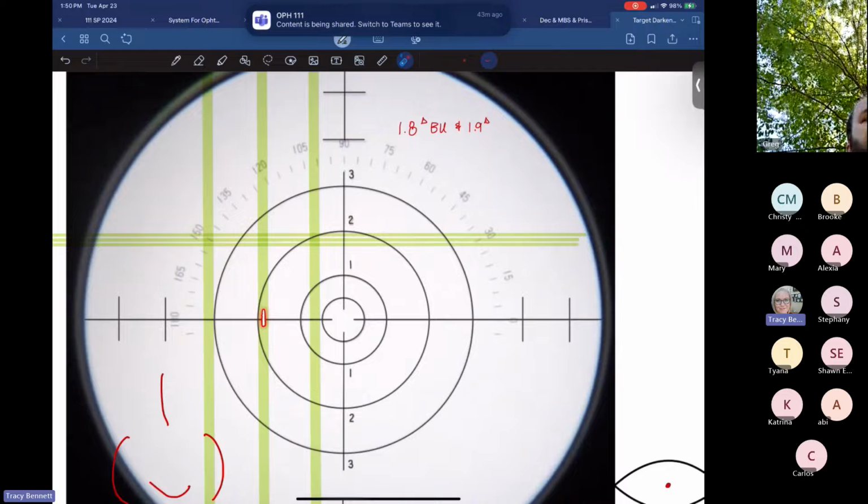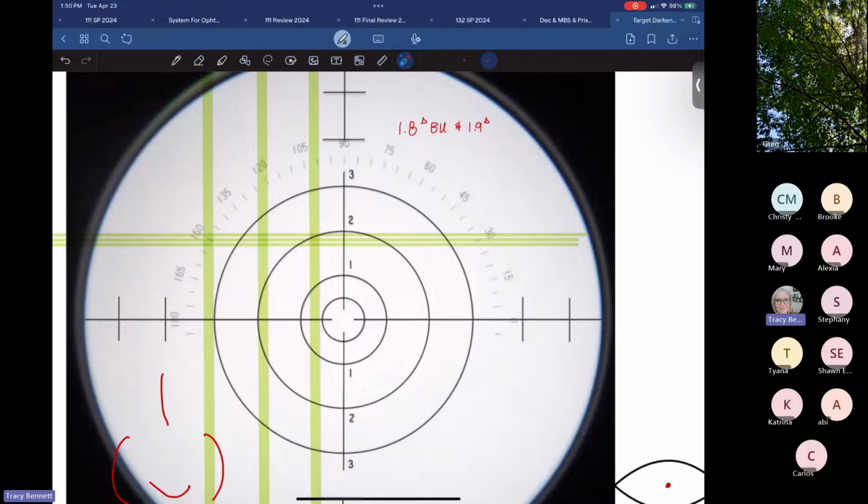You really want to go with where the very center of this sphere line or cylinder line is. We're not exactly at the 2, just like we're not exactly at the 2 here either. For that same reason I was talking about with ANSI, we need to read these really specifically, because if you round, you can mess up your numbers.